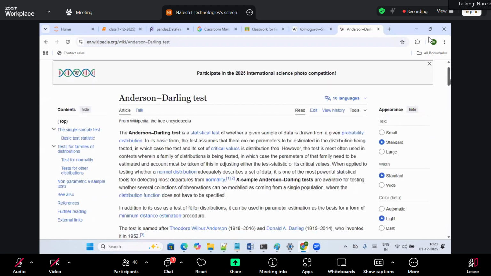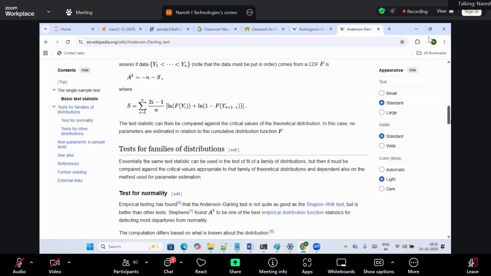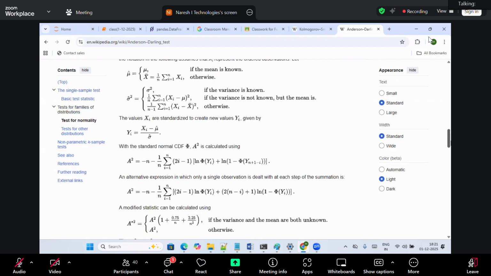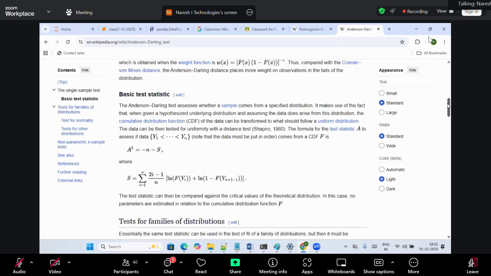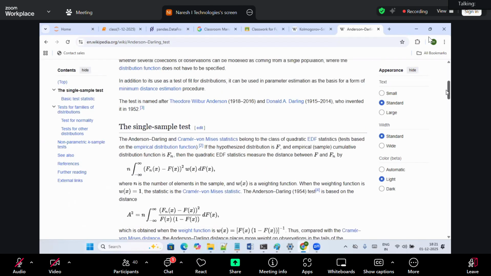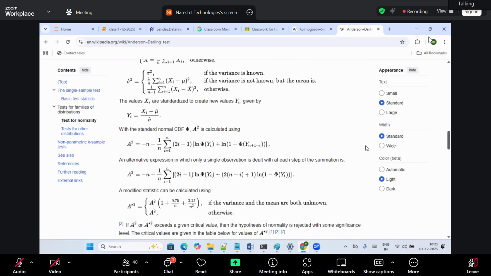So guys, this is the AD test, okay, and this is the formula, guys. Generally, this is the formula, guys. A square is nothing but the test statistic.